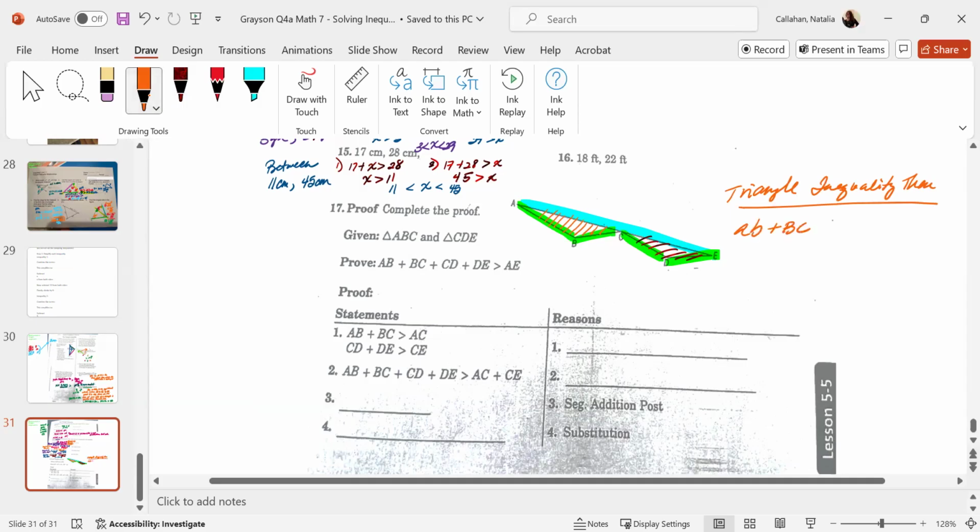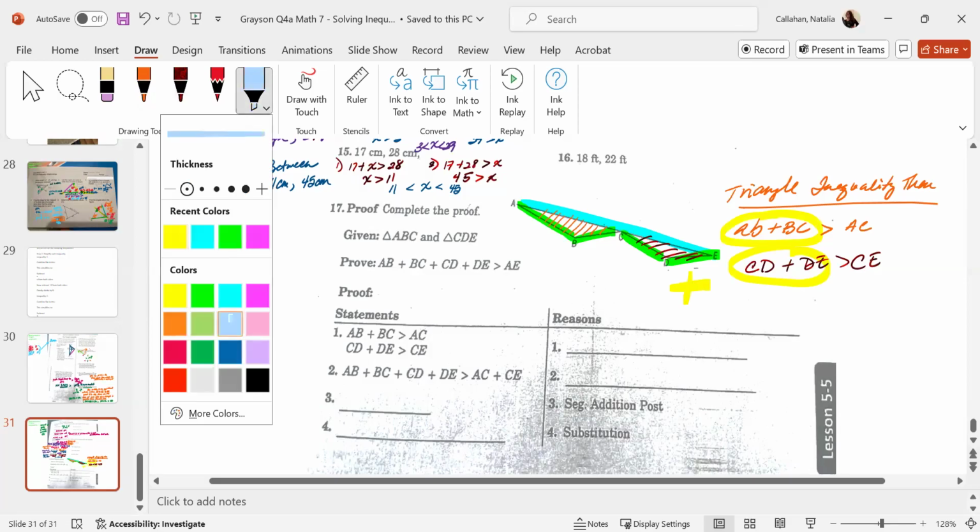AB plus BC is greater than AC. Now let's do the same thing with the red triangle. CD plus DE is greater than CE.